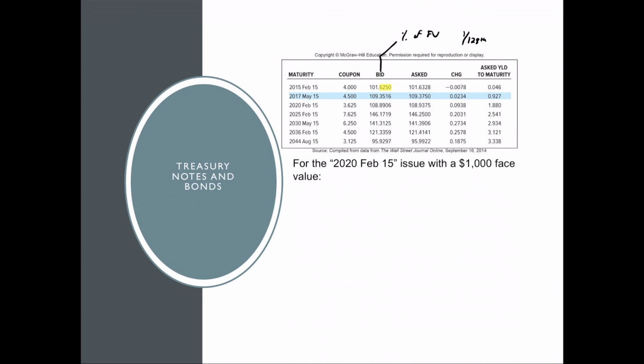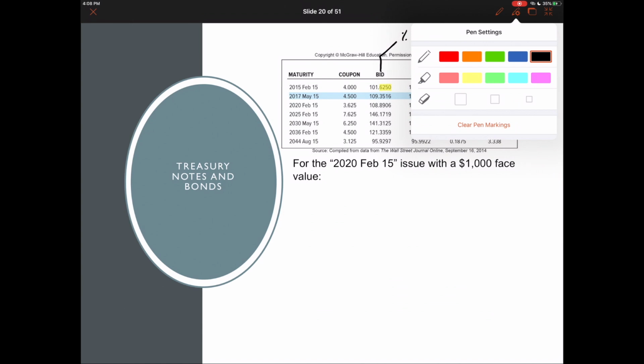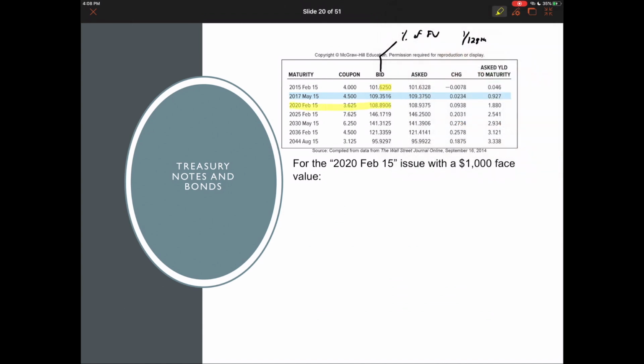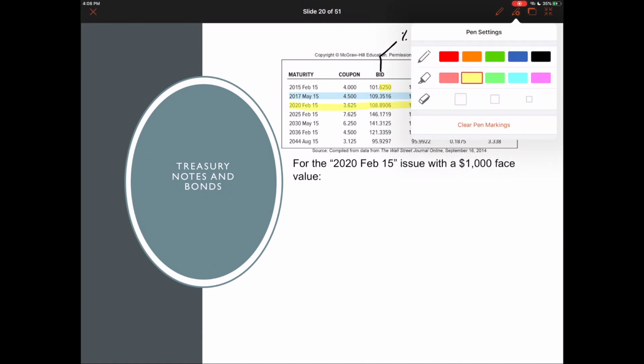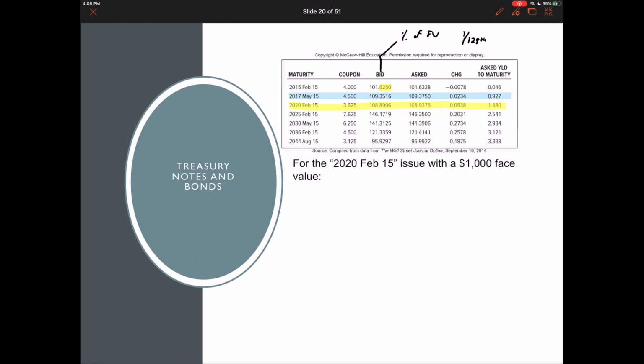Let's take a look at an example here. Let's take a look at the 2020 February 15 issue. As you can see, we're not looking at the one that's highlighted there. We are looking at this one here, and going through and calculating some of the different inputs. How much is the first interest payment? We're looking at the coupon amount here.